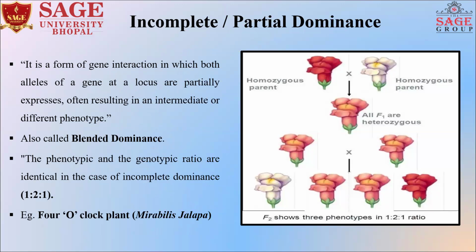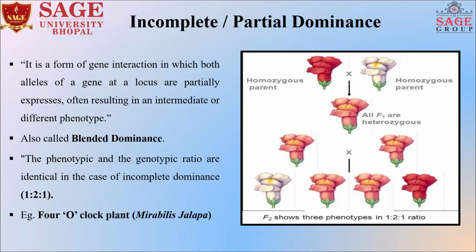It is a form of gene interaction in which both the alleles of a gene at a locus are partially expressed. Means, if we observe in the given picture, the parents have two colors, white and red, and if we observe the F1 or the offspring resulting from this process, we observe that the color changes to pink.